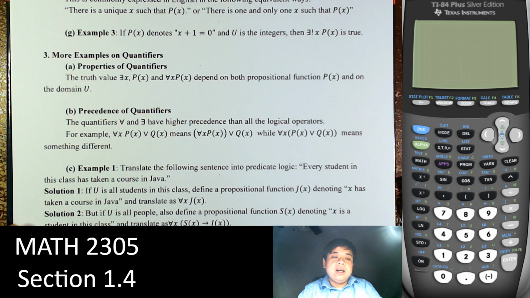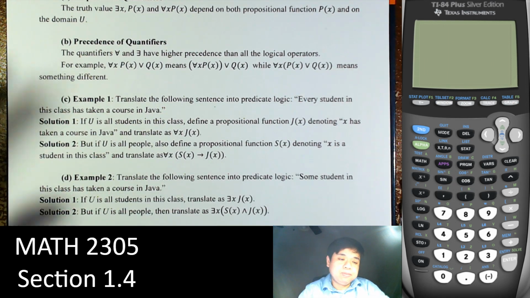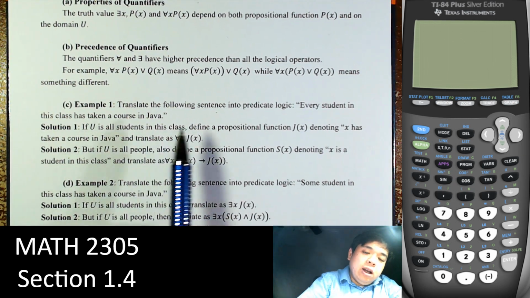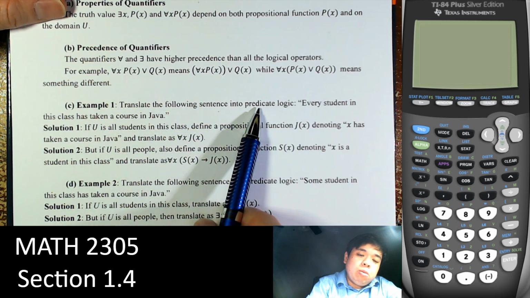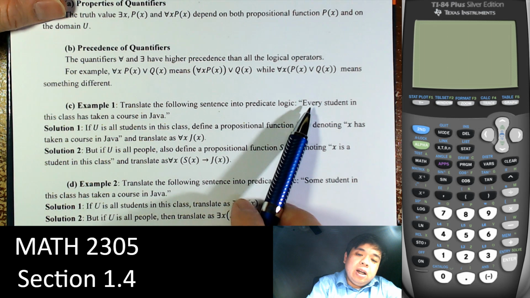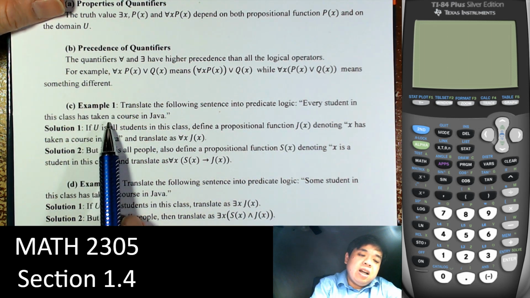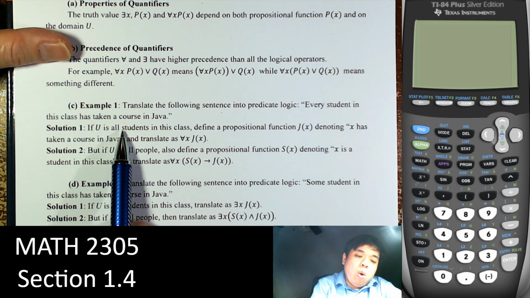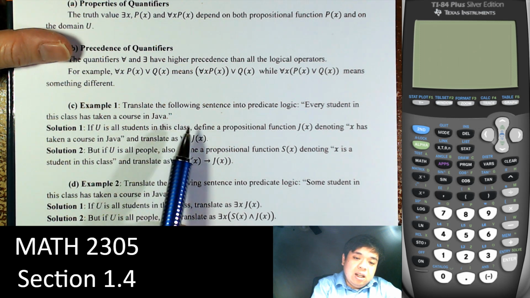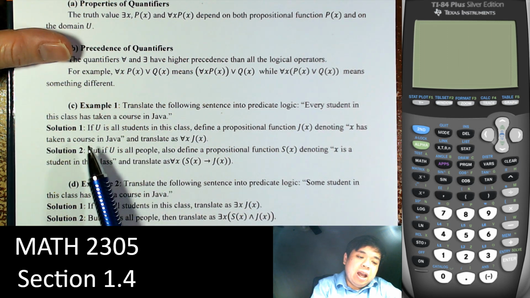Right, here we have a couple of examples. It says translate the following to predicate logic. Every student in this class has taken a course in Java. So if U is all students in this class, define J of x to denote x has taken Java.